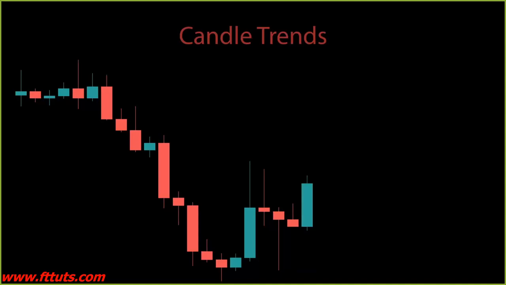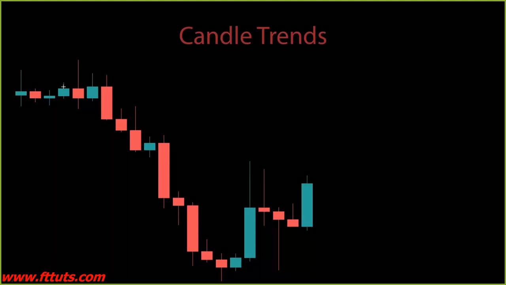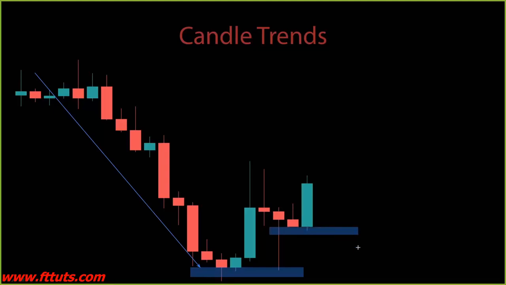First of all, what we see is that the trend is bearish, but at the same time, we are creating some sort of a support down here, and it looks like we have a bullish candle, so it may be forming another support right over here, right?